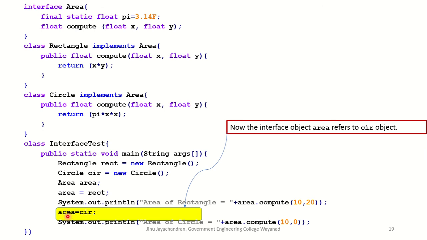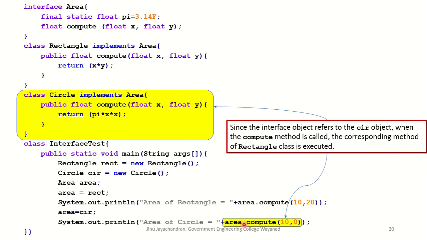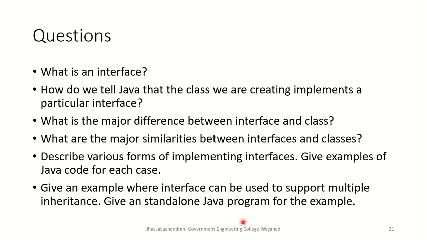Now the interface object refers to cir, which is basically an object of circle. So now when you do area.compute, you are referring to the compute method in the class circle. So you have changed the reference here. Here the reference was for the rectangle class, and you accessed the method compute. Next, you have changed the reference to circle, and you have accessed the method in the circle.